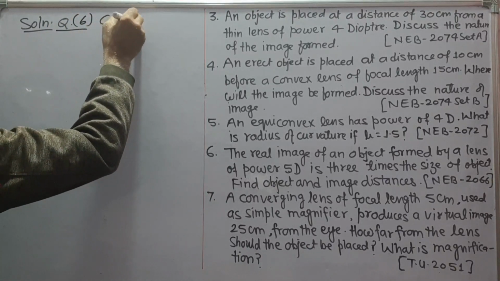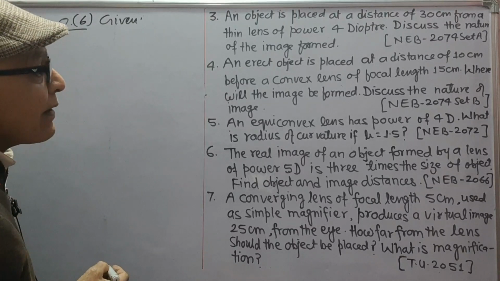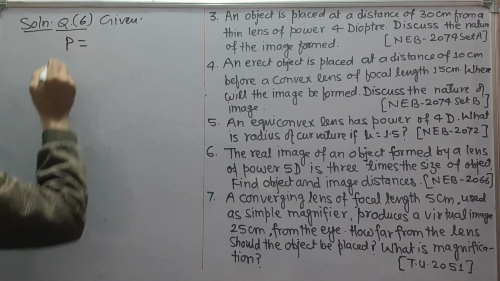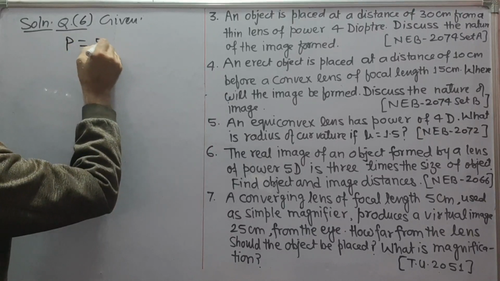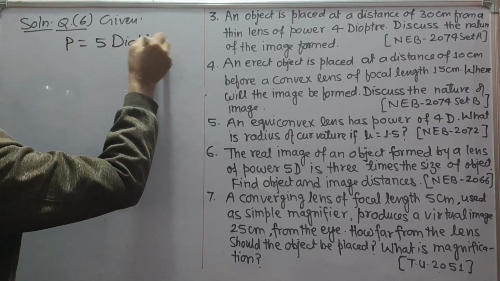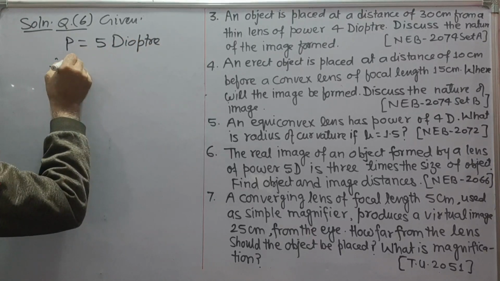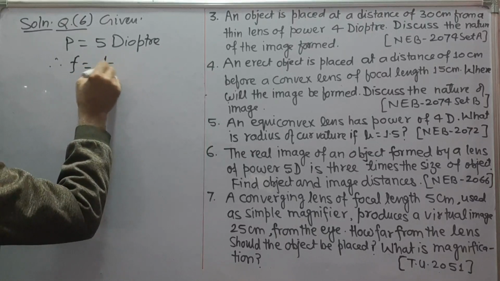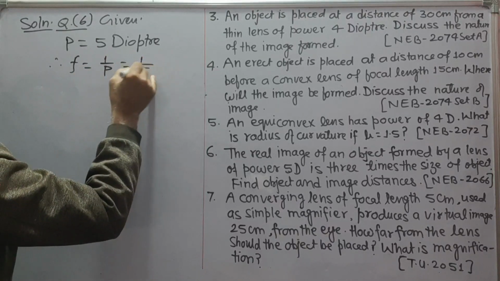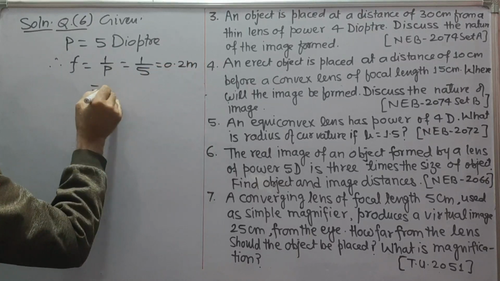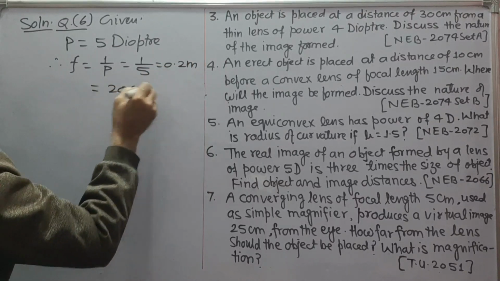Given power of lens is 5 diopter, therefore focal length will be equal to 1 upon p, 1 upon 5 means 0.2 meter, which is 20 centimeter.